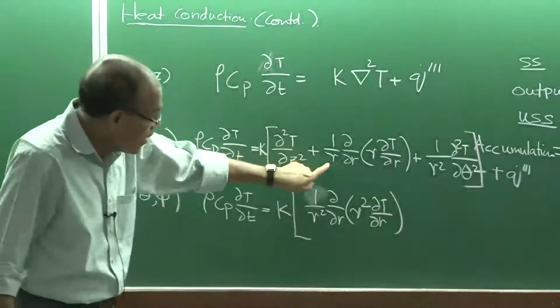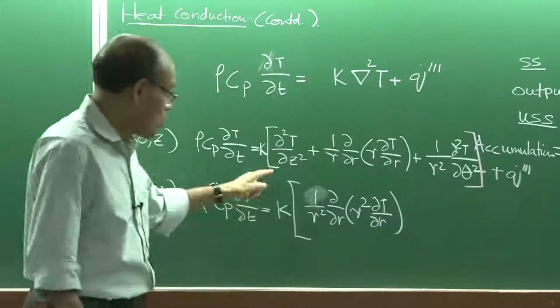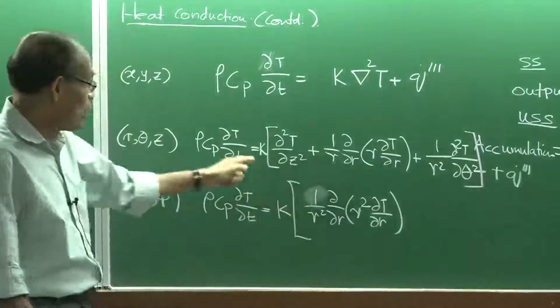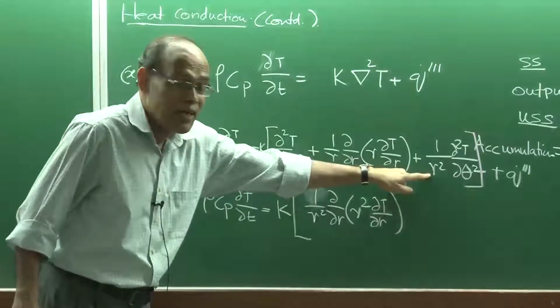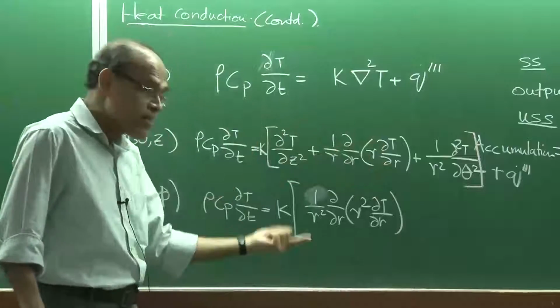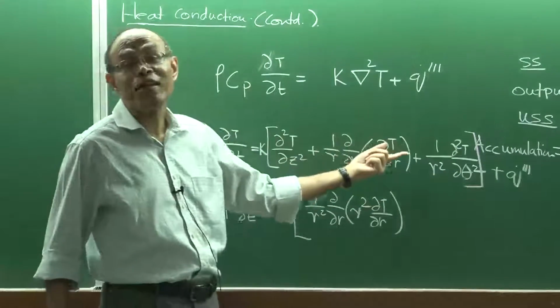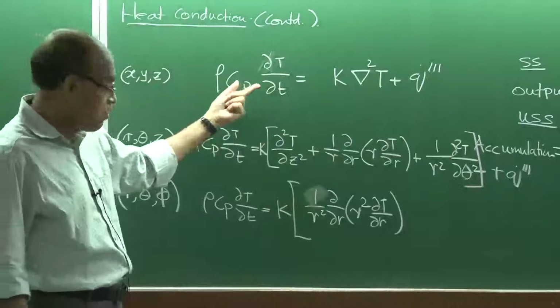Now, the beauty of this is that if you put r equal to 1 here and interpret the radial coordinate as your y direction and the theta coordinate as your x direction, then this equation can be visualized as the same as the Cartesian coordinate equation.